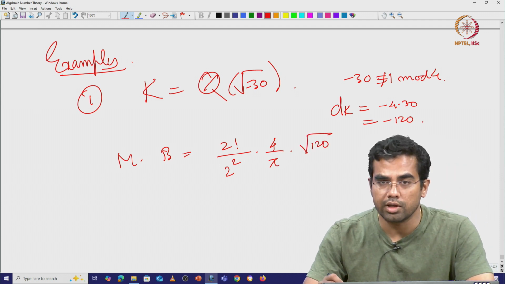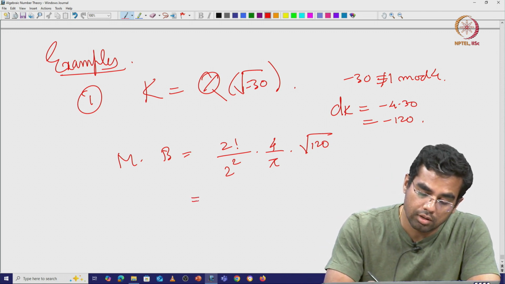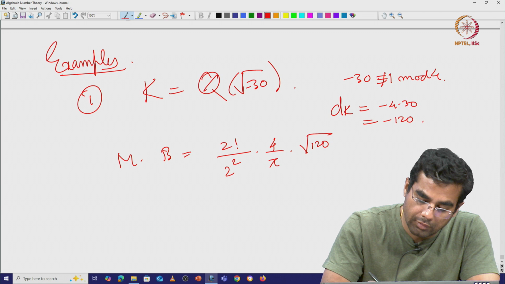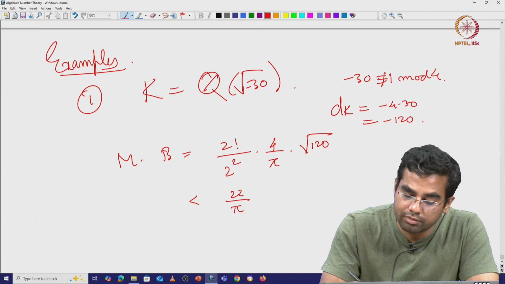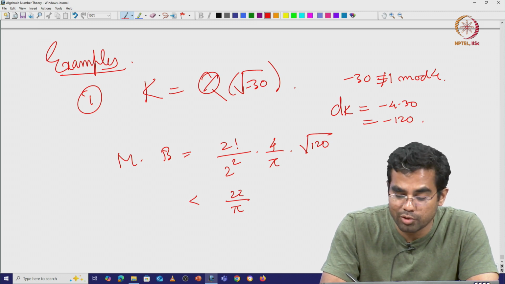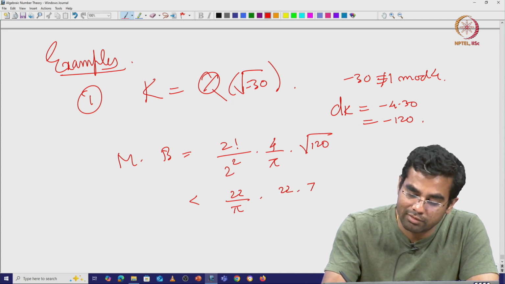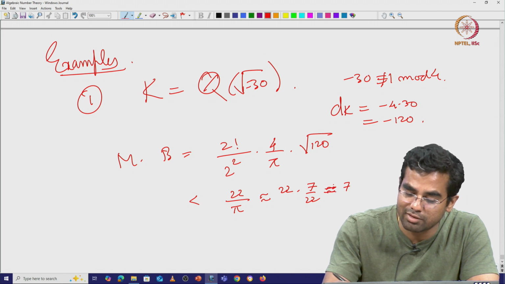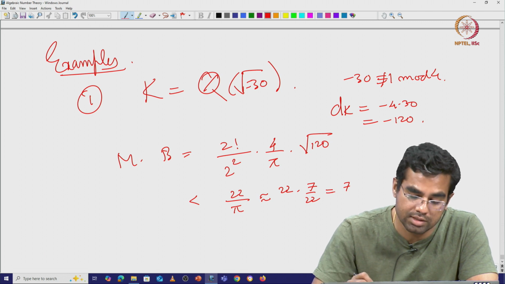Square root of 120 is very close to 11, and so this is less than 22 by pi, and if you approximate pi by 22 by 7, you get roughly 7. So anyway, the Minkowski bound is less than 7.